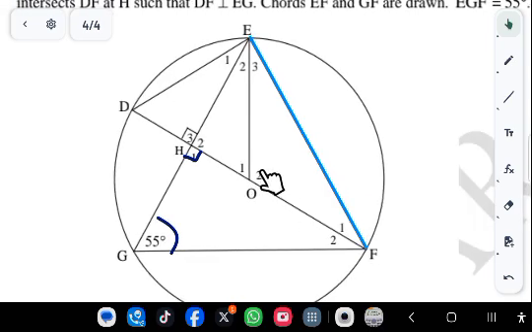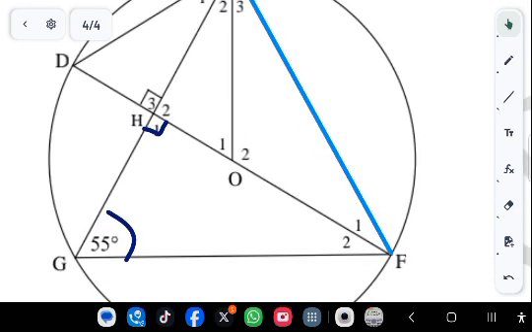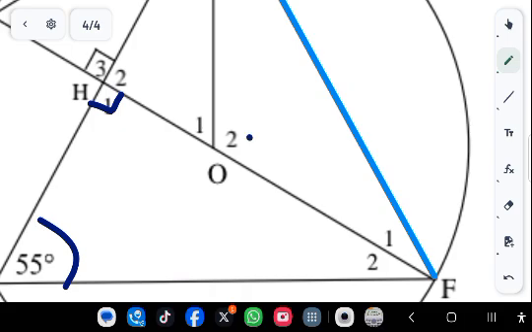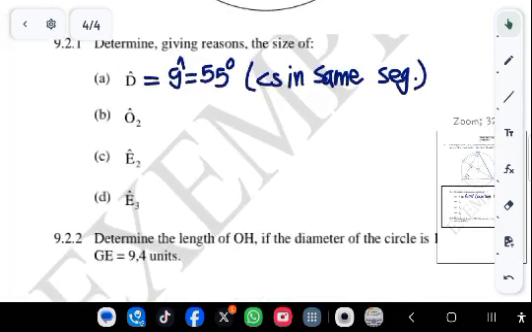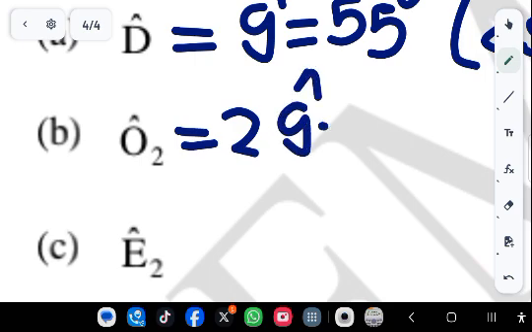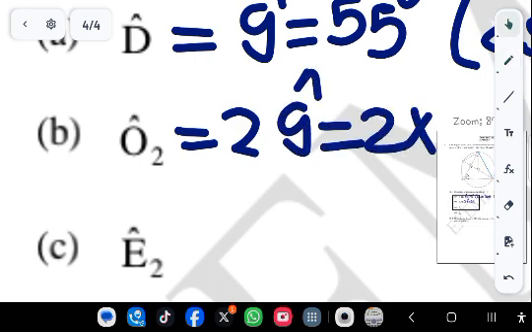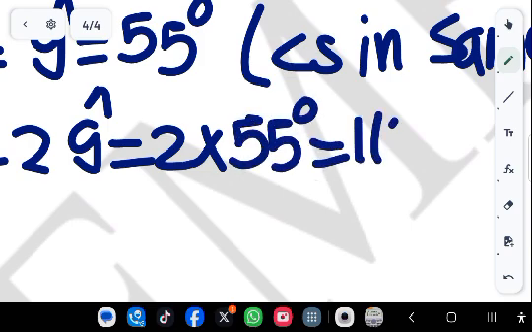Angle O2 is subtended at the center. This angle O2 is also subtended at the center by the same chord EF. And we know that this is 55 degrees. So therefore, this is equal to twice angle G, meaning 2 times 55 degrees, which is equal to 110 degrees.